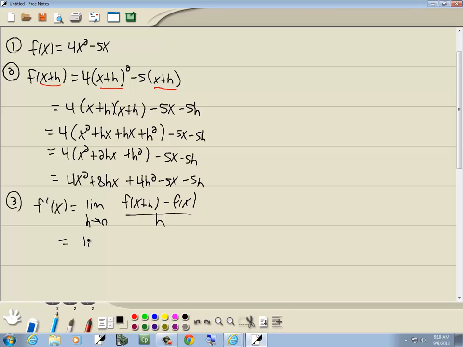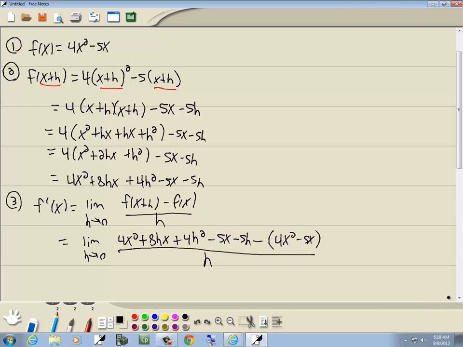So we got the limit as h goes to 0, f of x plus h is 4x squared plus 8hx plus 4h squared minus 5x minus 5h, minus, and then I'll put inside of parentheses the f of x, which was 4x squared minus 5x, all over h.